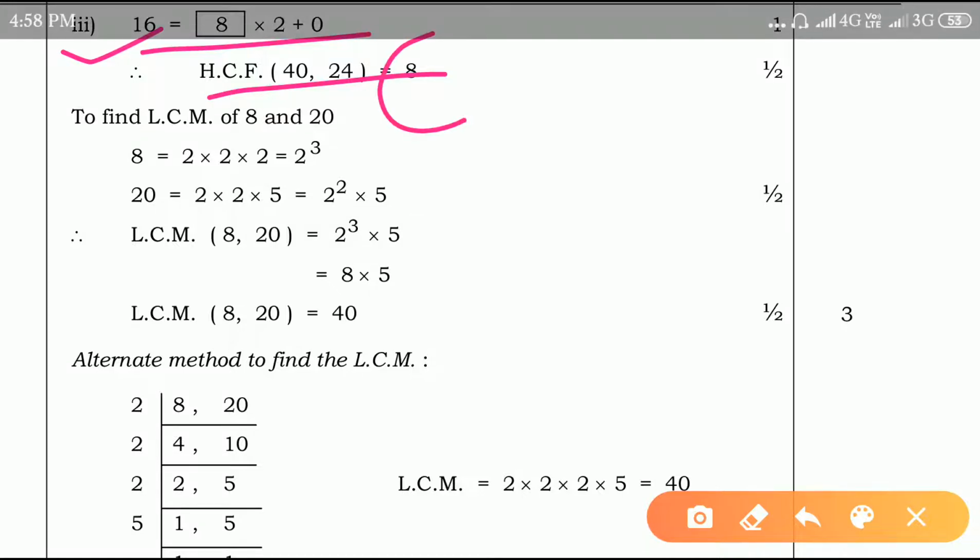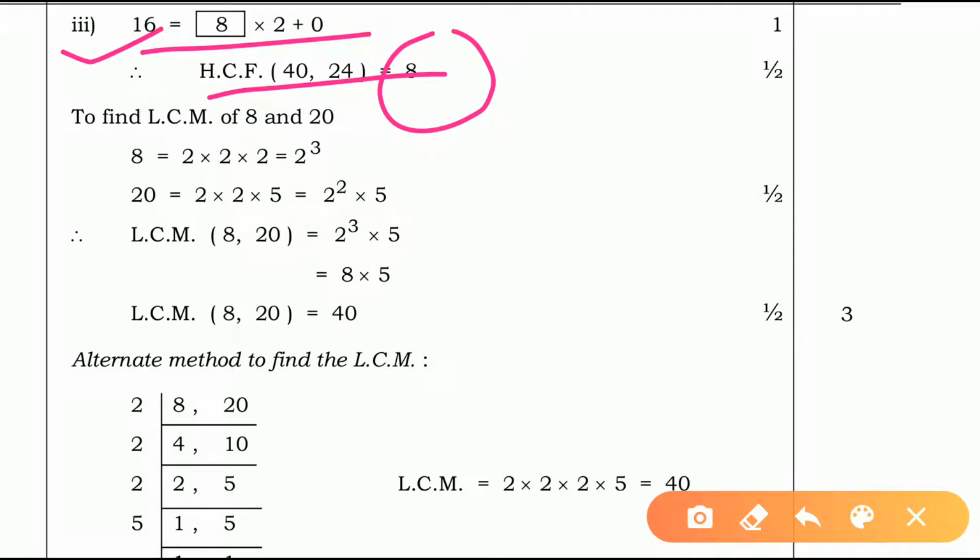Next, to find the LCM of the HCF of 40 and 24, that is the LCM of 8 and 20. Here 8 can be written as 2 into 2 into 2 is equal to 2 cubed. 20 can be split into 2 squared into 5. The LCM of 8 and 20 is equal to 2 cubed into 5, which is 8 into 5 is equal to 40. 40 is the LCM of 8 and 20.